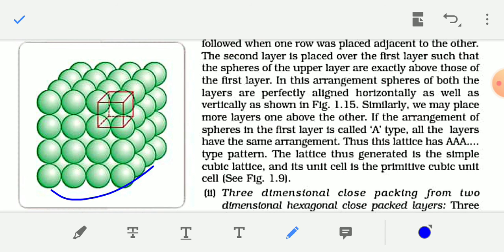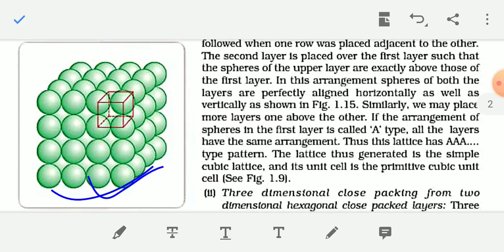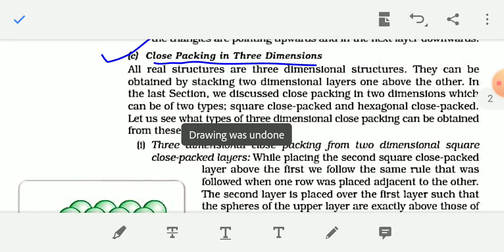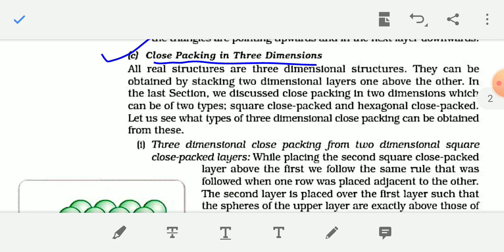Within a two-dimensional picture, it is very difficult to represent a three-dimensional drawing. However, it is shown here, you can see this is three-dimensional close packing, and you can obtain three-dimensional close packing from two-dimensional close packing. All real structures are three-dimensional, and they can be obtained by stacking two-dimensional layers one above the other.